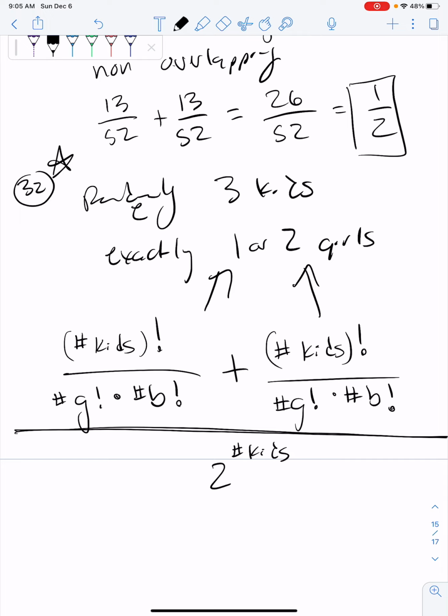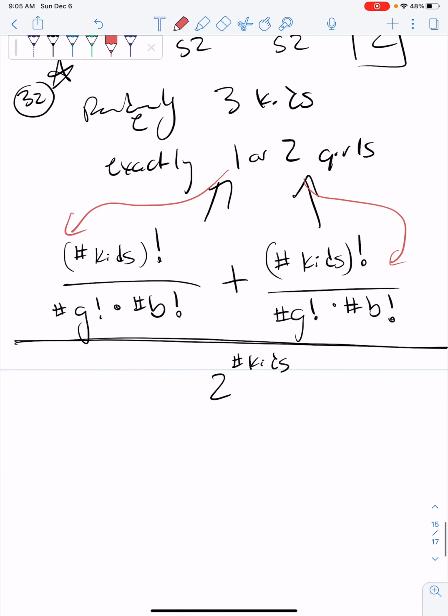Now, I know this looks like you're just doing the same thing twice on the left and the right, but this one is when you have 1 girl, and this one is when you have 2 girls. So when I plug in my numbers, I have 3 total kids, and first I want 1 girl.